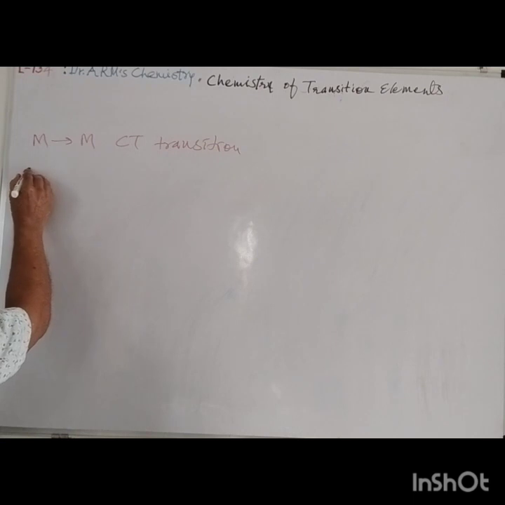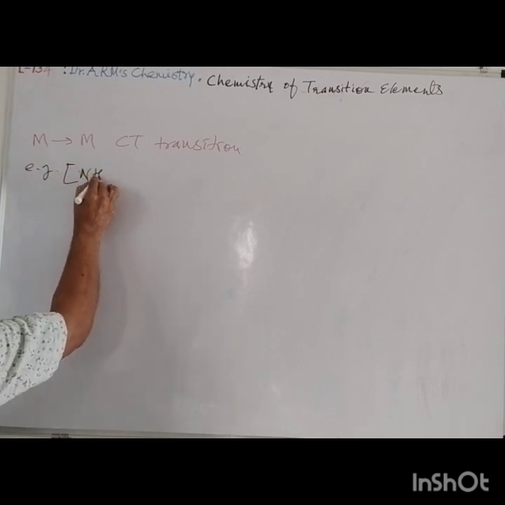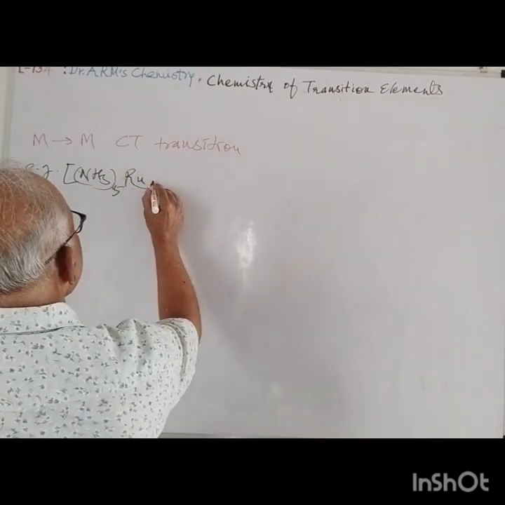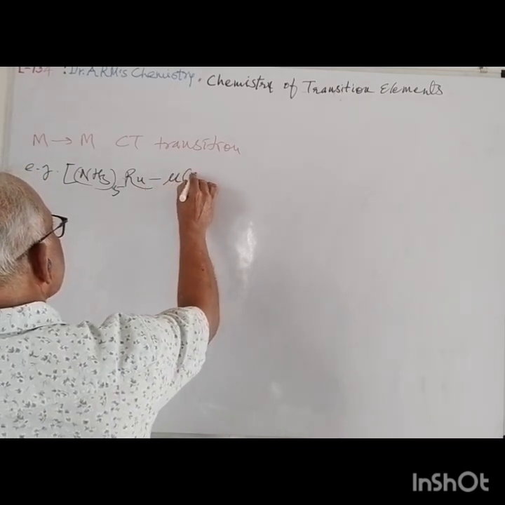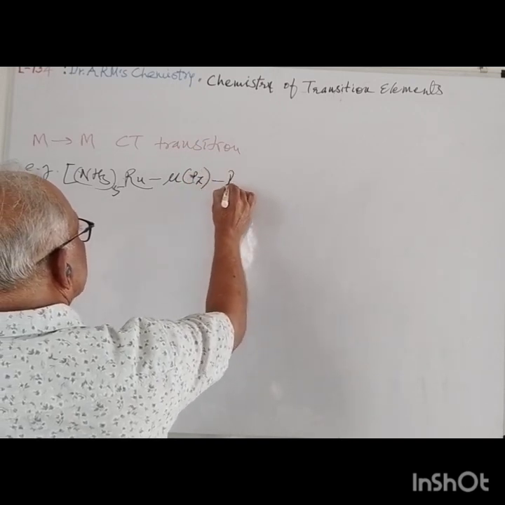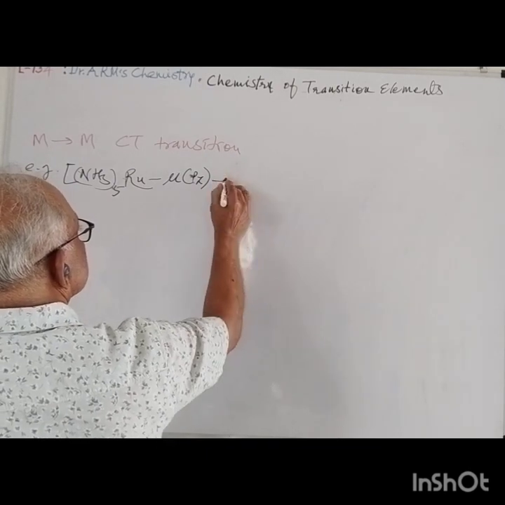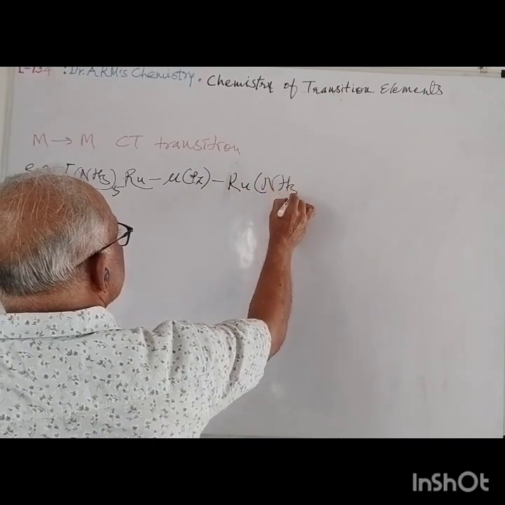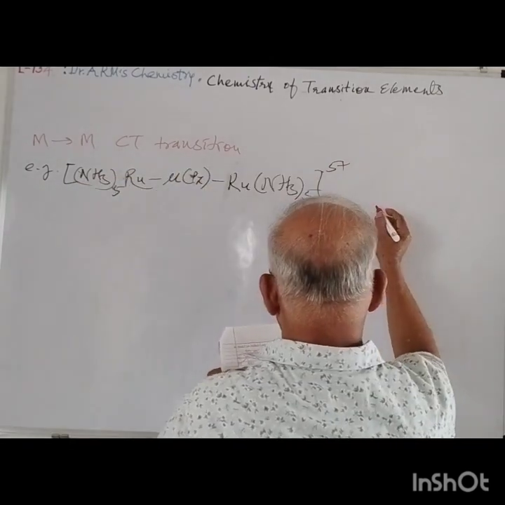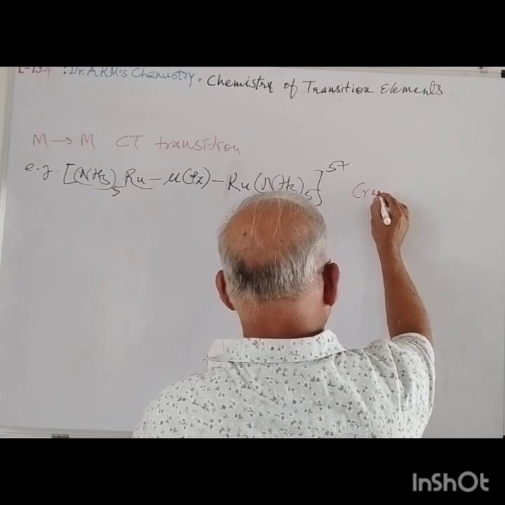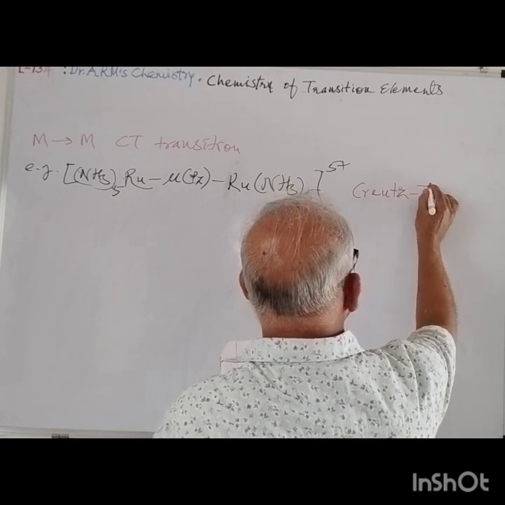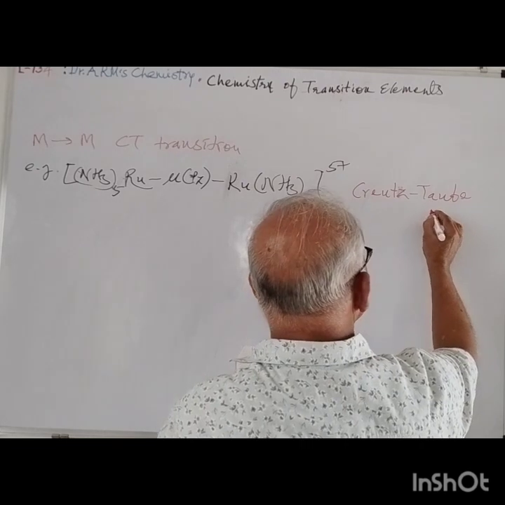So if we take the example, that is [(NH3)5Ru(mu-pz)Ru(NH3)5]5+, where pz is pyrazine, so this we have high plus charge, that is the Creutz-Taube ion.